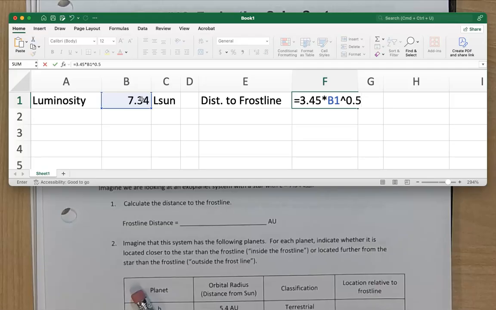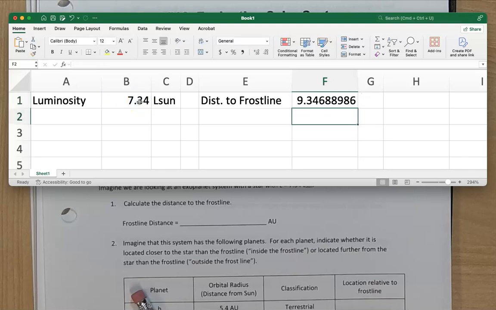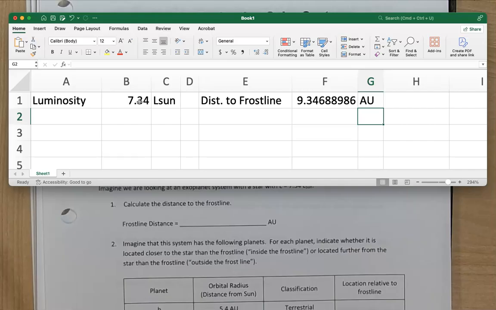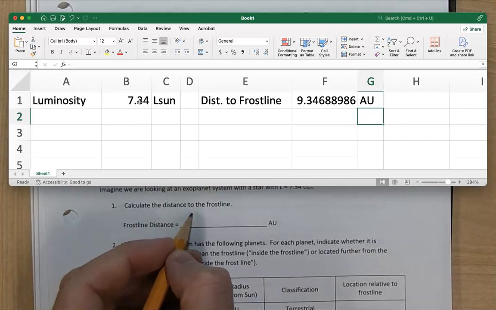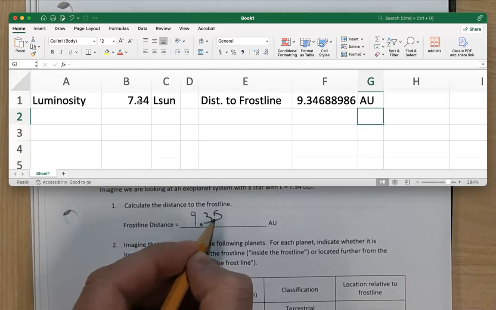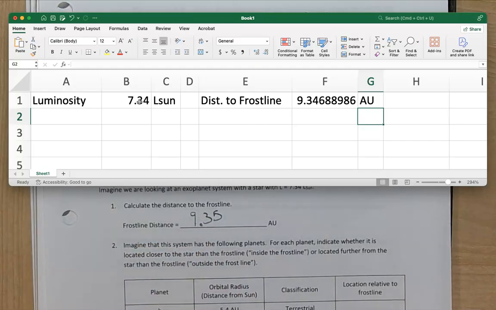So, have I got that right? 3.45 times luminosity to the 1/2 power. Looks good to me. And that is the distance to the frost line in AU. So water has to be 9.35 AU from the star in order to freeze.